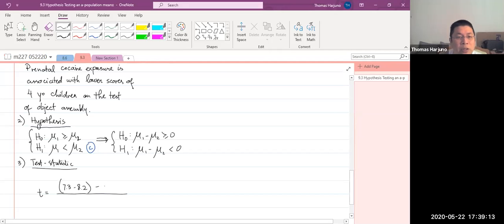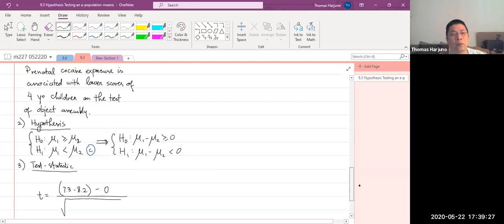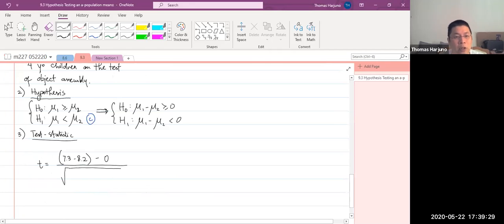Mu1 minus mu2 is 0. Okay, you still need to write that though. Over the square root of the sample variance of the first one, 3.0. Let me just use 3 only, over 190 plus 3.0 over 189.